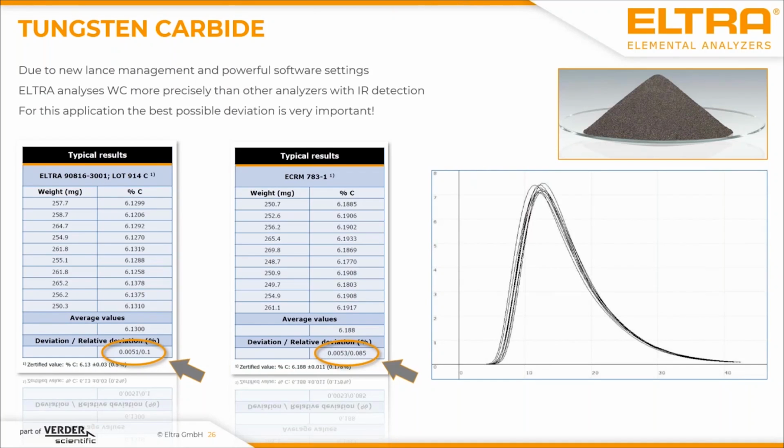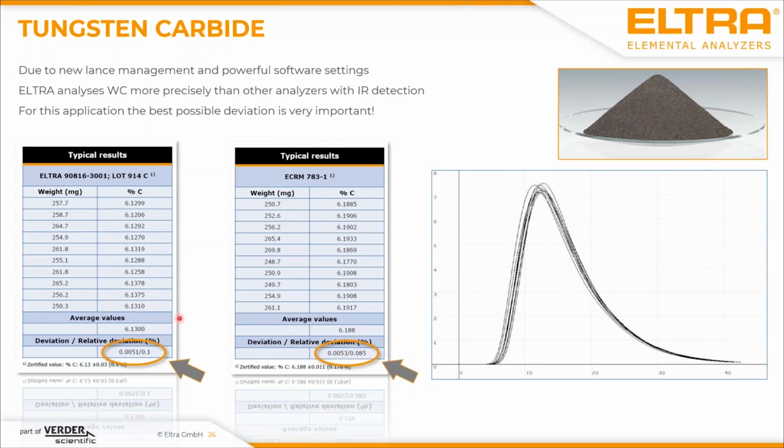And we are very proud at Ultra that with the new CSI, with the new lens management of the analyzer, we are able to measure the carbon content in tungsten carbide very precisely. Why is it so important? Tungsten carbide is a carbide, so it has by nature a very, very high content of carbon.